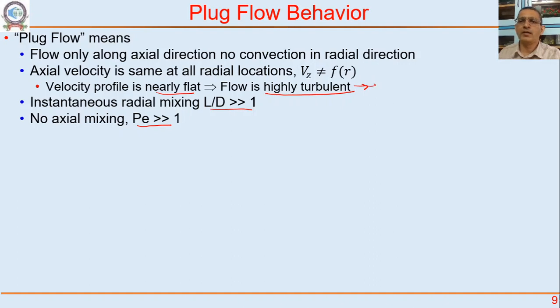Vz is not a function of r, or practically not a function of r. It's still a function of r because of the no slip condition at the wall, but it is practically not a function of r. That's what will ensure plug flow behavior. So these three conditions are required.